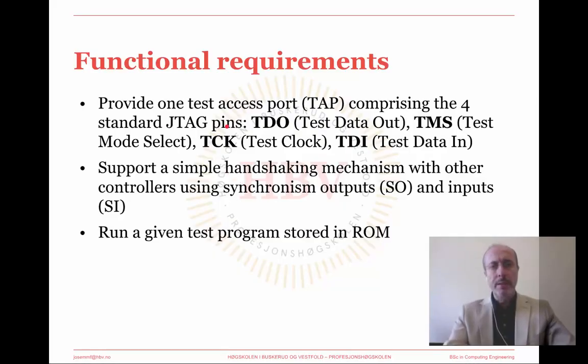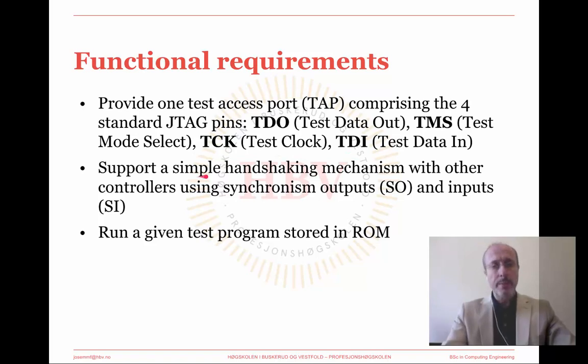Your boundary scan controller must support the functional requirements summarized in this slide. There must be one test access port or TAP, comprising the four usual test pins called test data output, test mode select, test clock, and test data input.